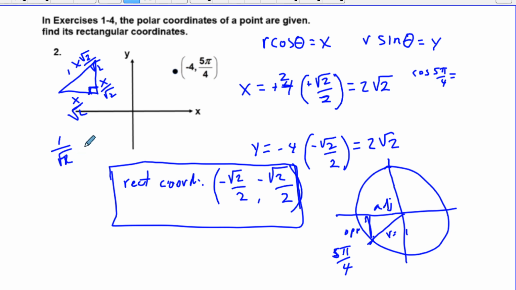If we rationalize this and multiply the numerator and denominator both by square root of 2, we get square root of 2 over 2. So that's where that comes from.